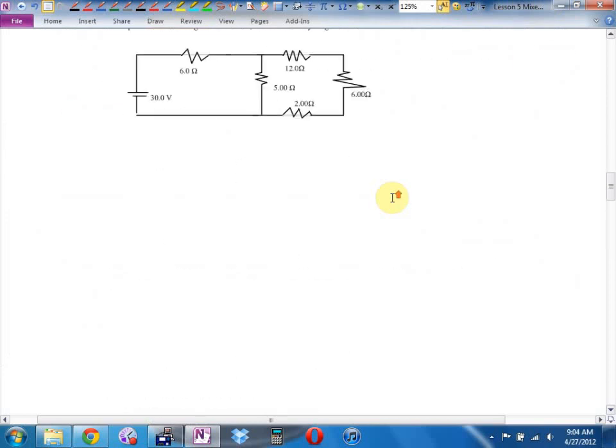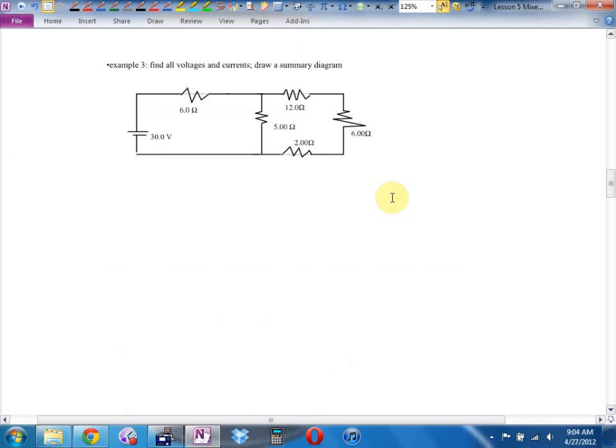Next page. It says, find all voltages and currents, draw a summary diagram. Okay. Take a look at this. Let's plan our attack. Do we see which ones are in series and which ones are in parallel?